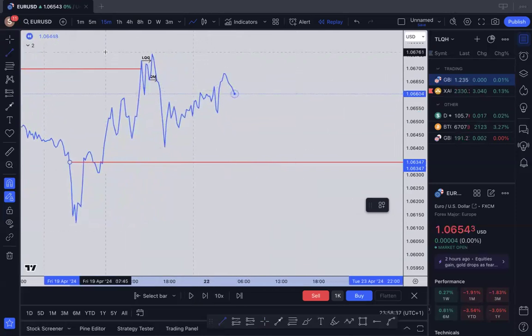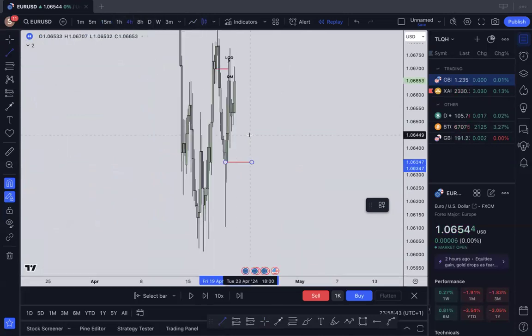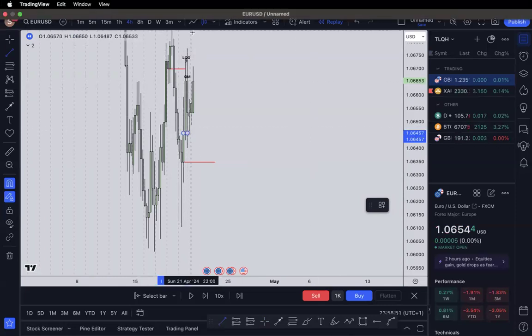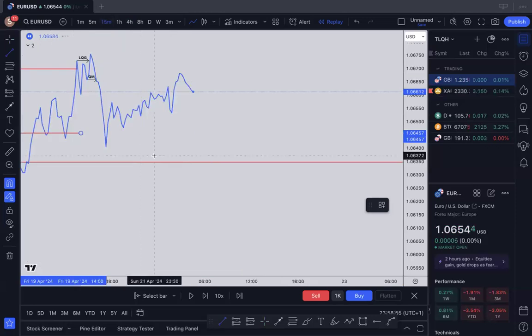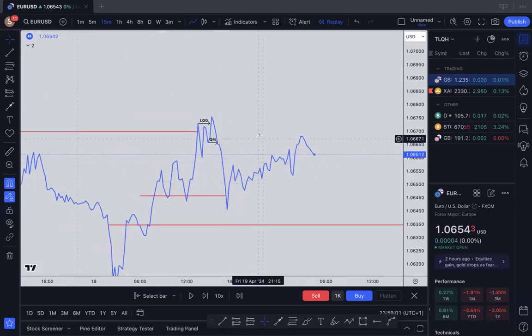Now, in the previous video, we actually did mark out this level here. We marked this level out here. And why is this not a valid level to go long from? Because you must be thinking, well, we've tapped in and look at all this, we're just going up.